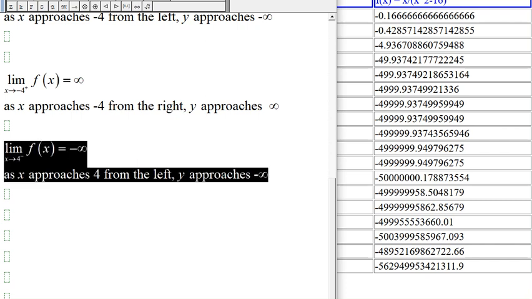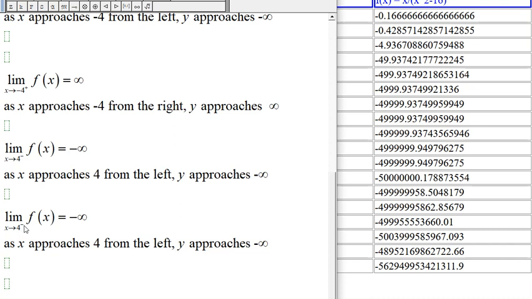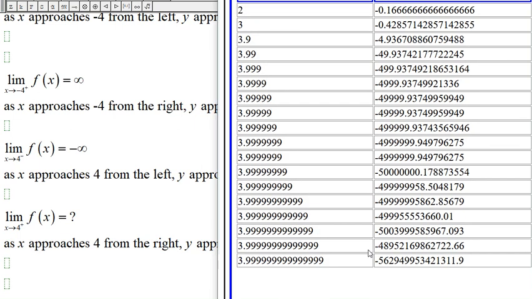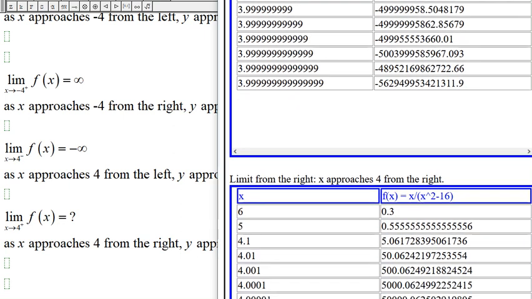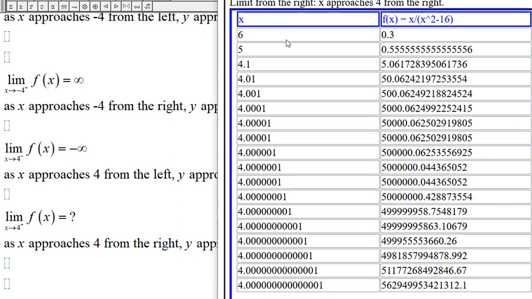And now we'll approach 4, but from the right. So as x approaches 4 from the right, we want to know y approaches what? So these x values right here are to the right of 4.